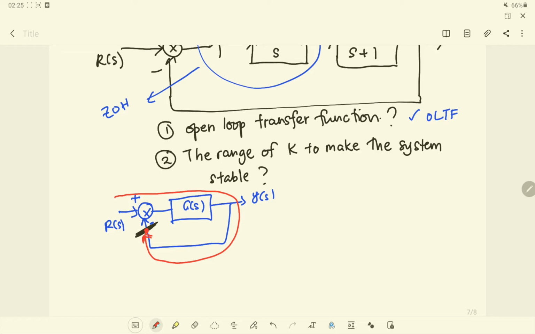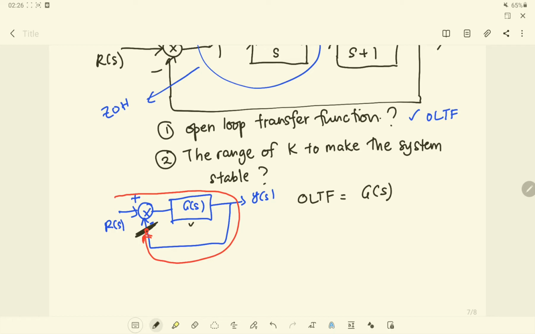The open loop transfer function for the system, from R(s) to this point, is G(s).